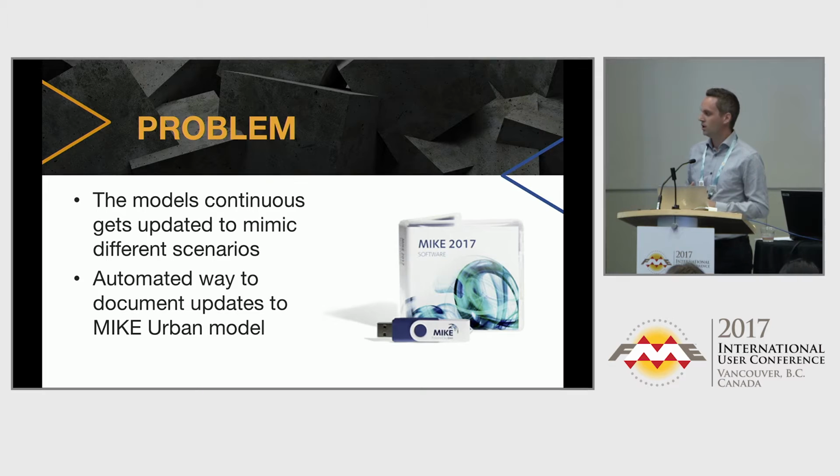And when we've been working on these projects for a couple of months, we don't actually know in detail what we've done in all steps. So we needed a tool to automatically tell us what we have done. It could be intentional, but could also be something that you didn't want to change. So it's possibly a documentation tool, but also a check tool that you haven't done something that you didn't want.